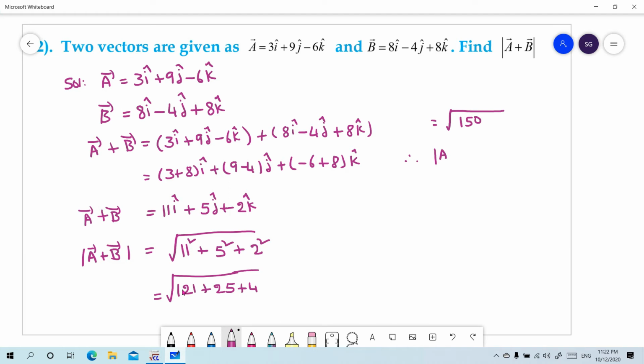Modulus of a bar plus b bar is equal to root of 150.